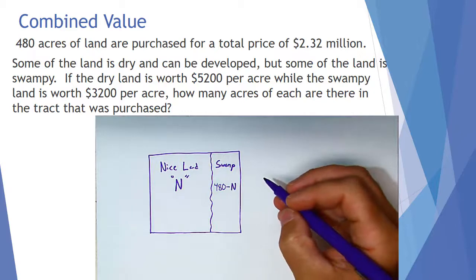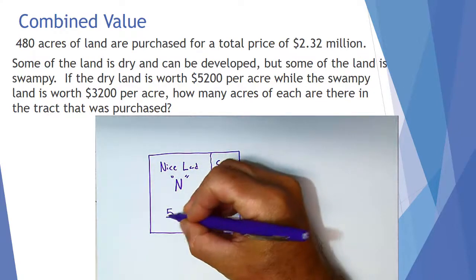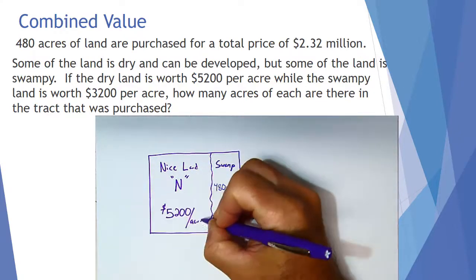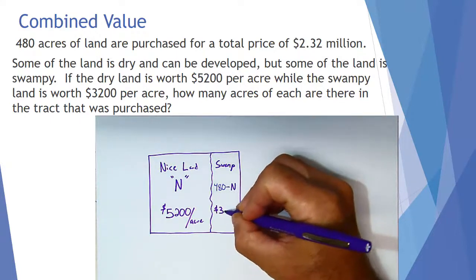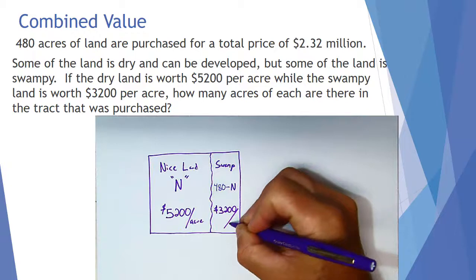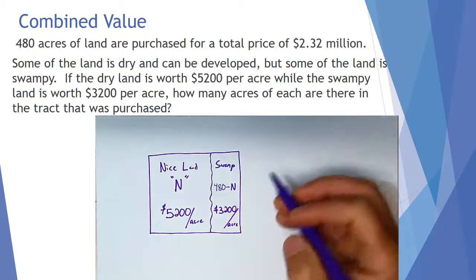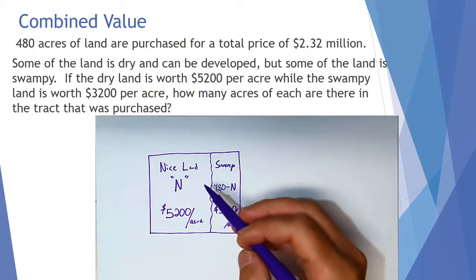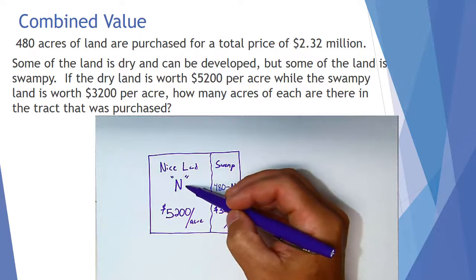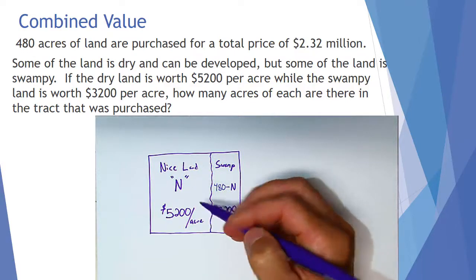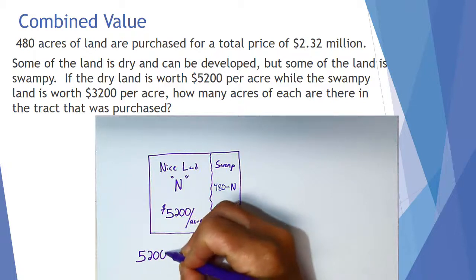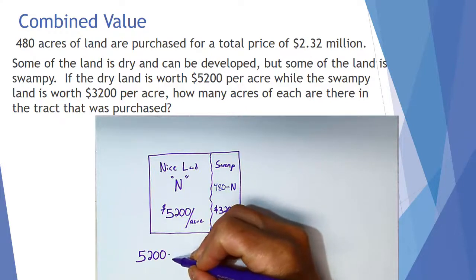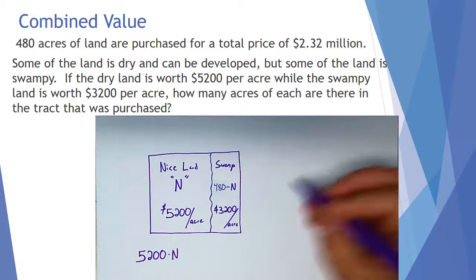We also know that the nice land was worth $5,200 per acre, while the swamp was only worth $3,200 per acre. So we know what the total value is though. So the nice land, we have n acres at 5,200 per acre. So we can say that the total value of the nice land is 5,200 times however many of those acres there are.